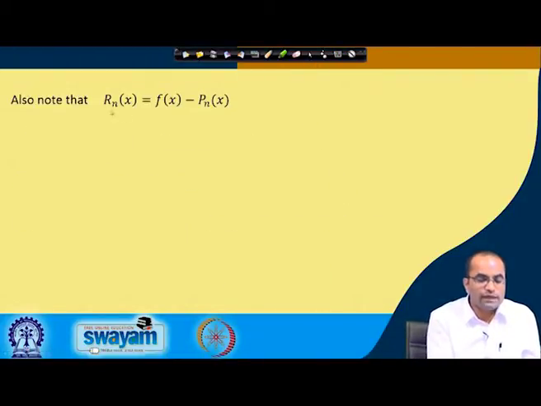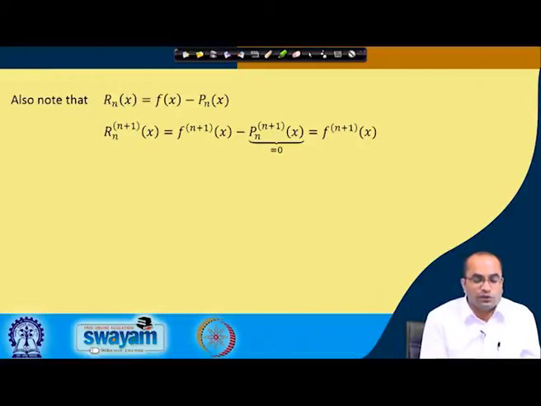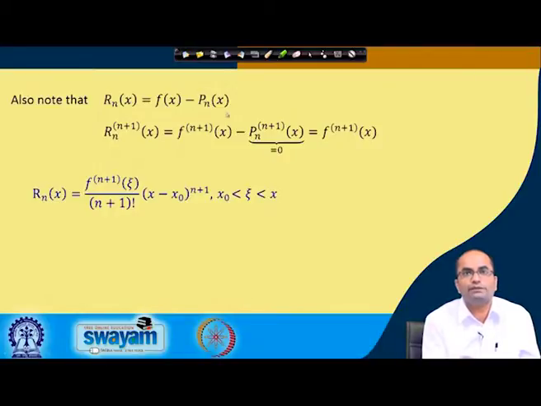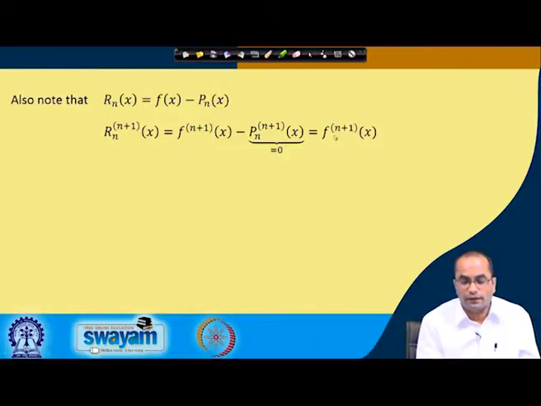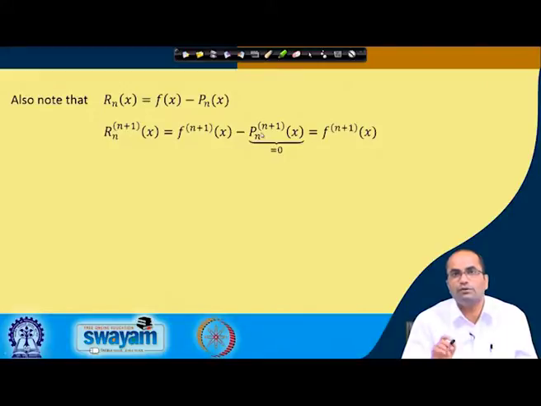Now we note that this R_n(x), which we have defined, was the difference between the function f(x) and p_n(x). If we take the (n+1)th derivative of this remainder term, it is the (n+1)th derivative of f minus the (n+1)th derivative of p_n, because p_n was a polynomial of degree n.